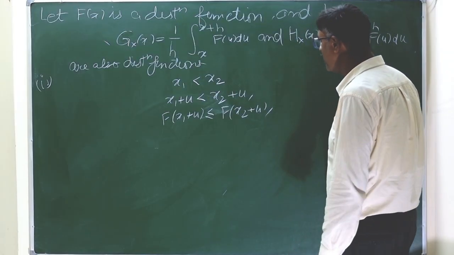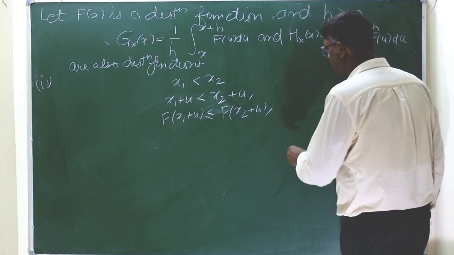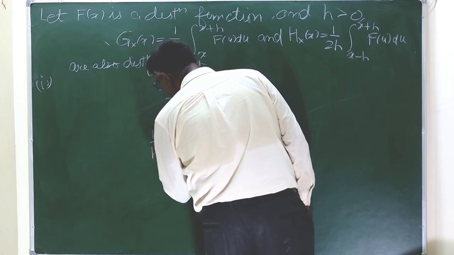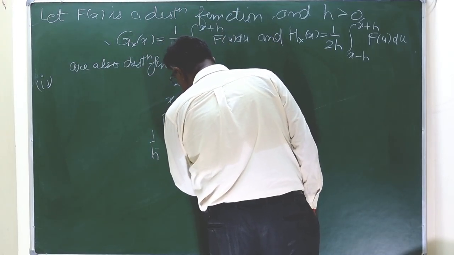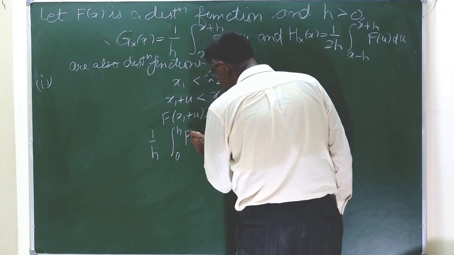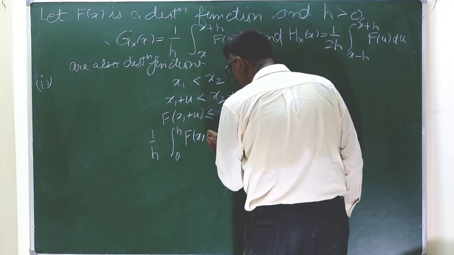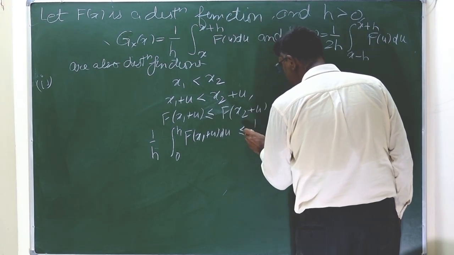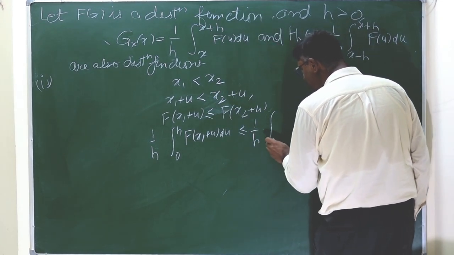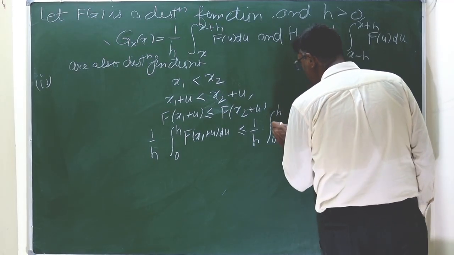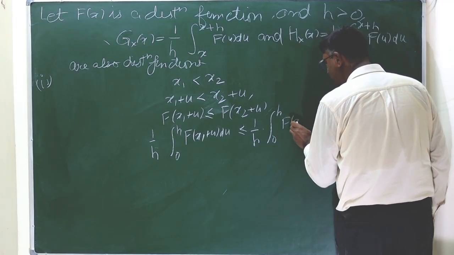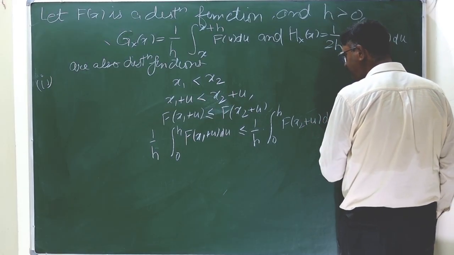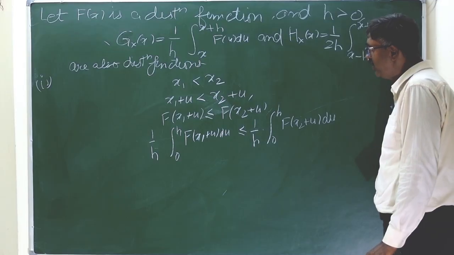Okay, now I will integrate both the sides with respect to u from 0 to h: 1 upon h, integral from 0 to h of f of x1 plus u du, and similarly 1 upon h, integral from 0 to h of f of x2 plus u du.